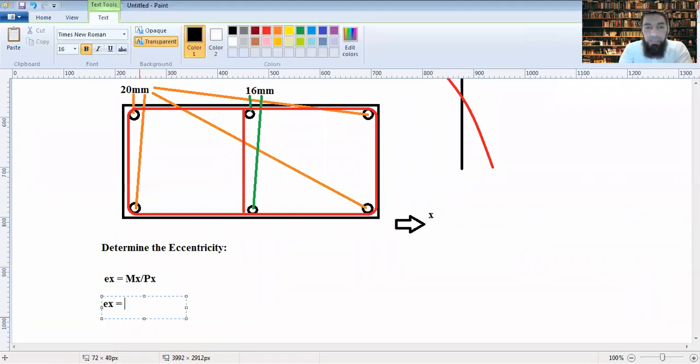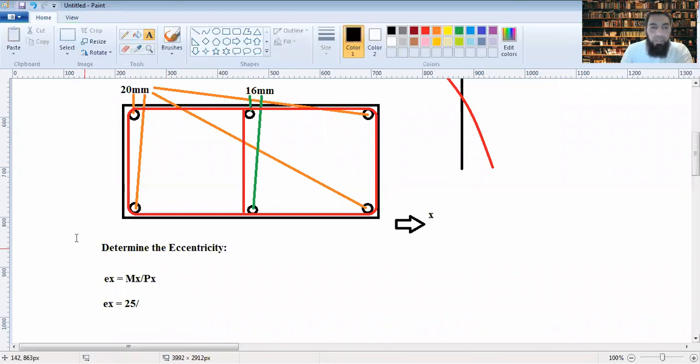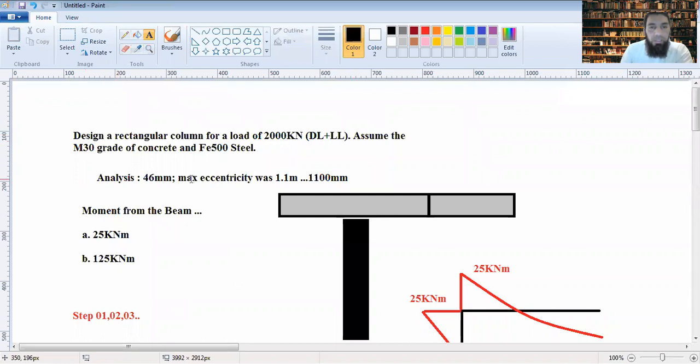Our Ex, for the first case, would be 25 kilonewton meter, so 25 into 10 raised to power 3, divided by 2000 kilonewton.